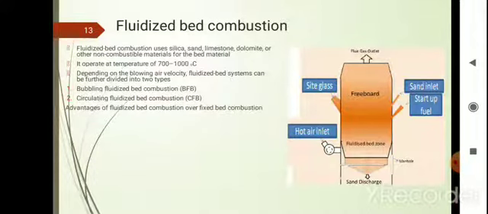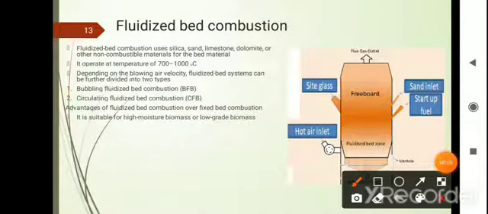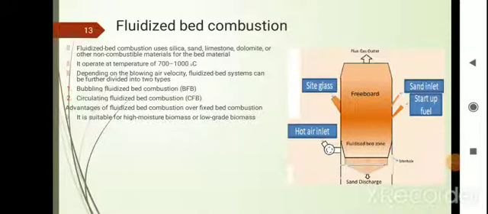And if you discuss the advantage of fluidized bed combustion over fixed bed combustion, one is it is most suitable for high moisture biomass or low grade biomass. And its typical operating temperature is lower than fixed bed system.